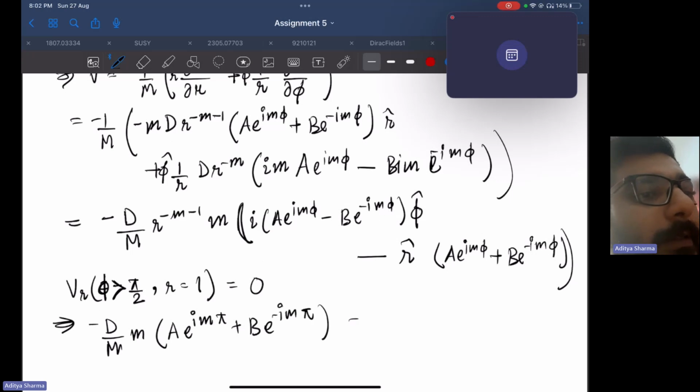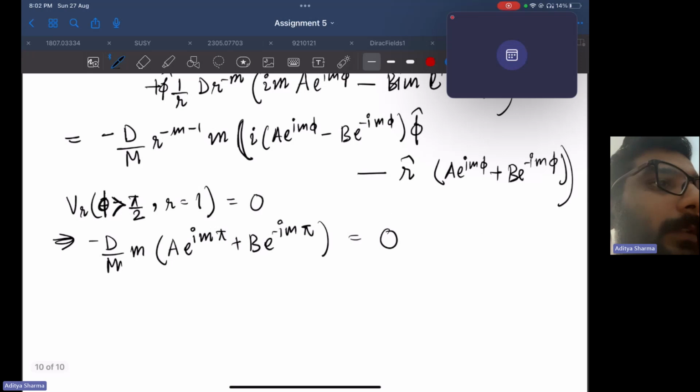Now m is an integer, so this will have e to the power i m pi as 1. We will have a is equal to minus b.